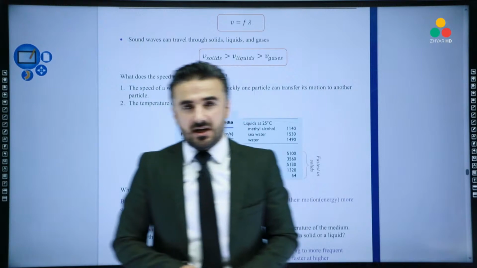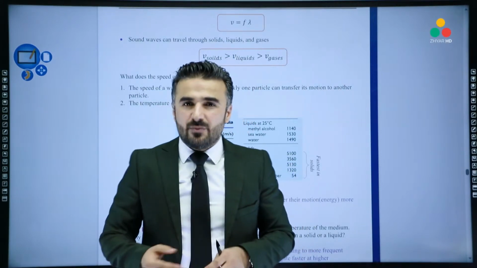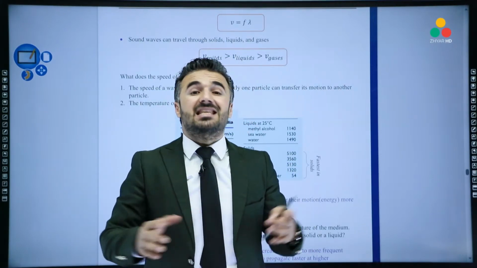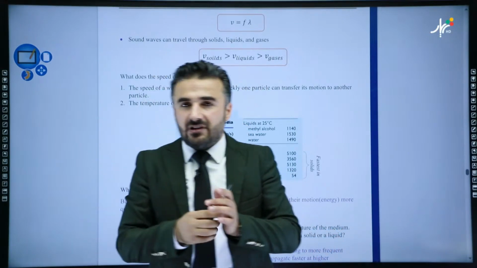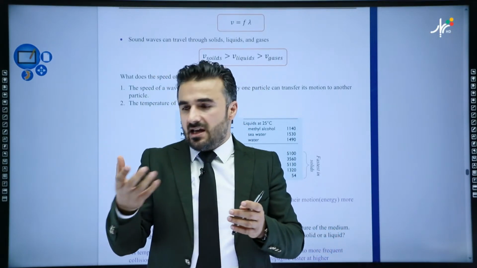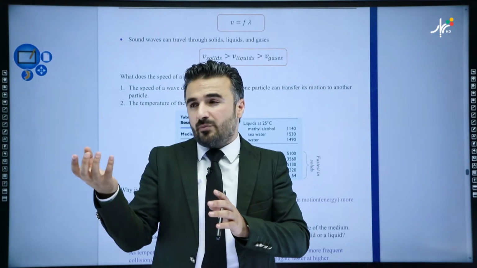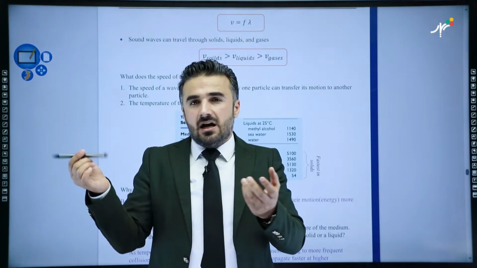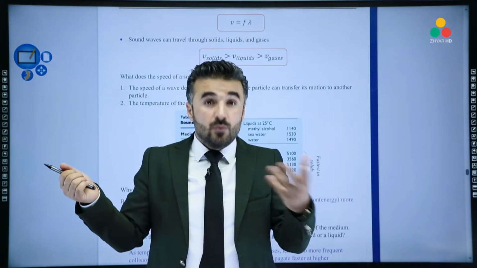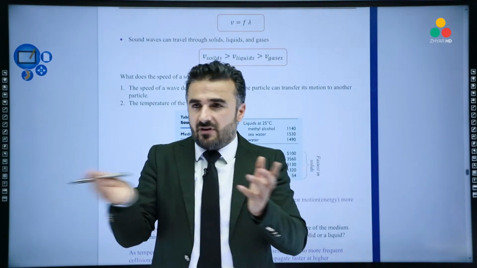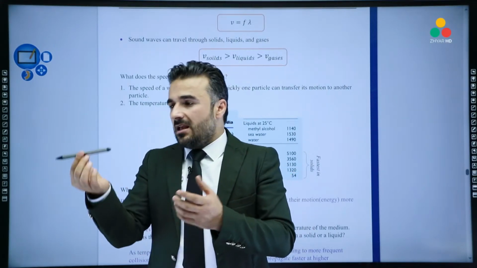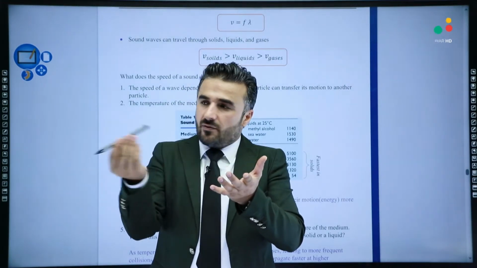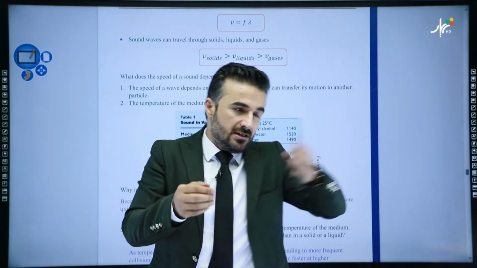You might say, why the temperature? Because once you increase the temperature, the particles start to vibrate faster. So if this hand is basically one particle and has the energy, the more the temperature, the faster the vibration. Assuming that this pen is the energy, the faster I can transfer this energy to the other hand, and then this hand to another one.